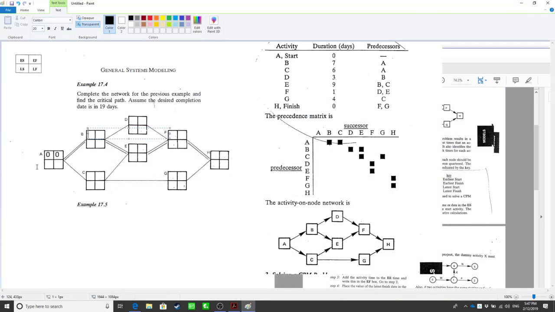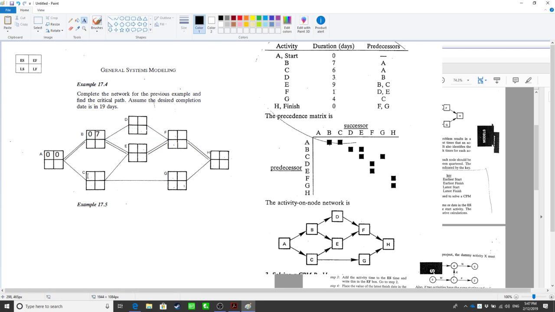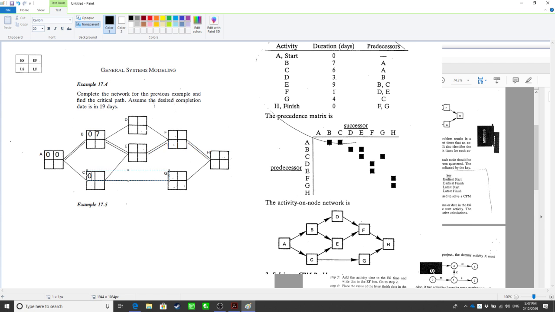But B only has one predecessor, so it's going to be 0 here. And B's duration is 7, so what is the EF of B? 7. Yes, correct. And how about C? What is the ES of C? 0, yes, and 6. So far so good.